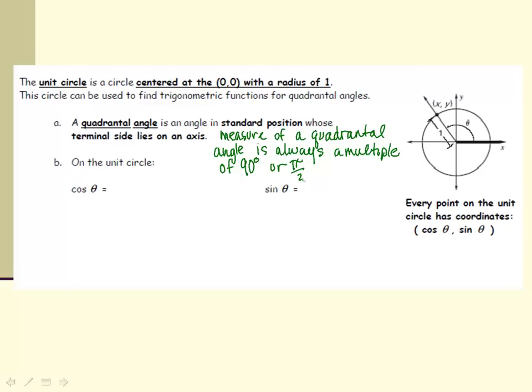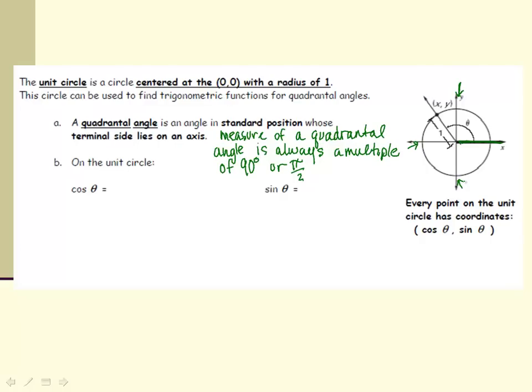What this is saying is that it's in standard position. So one side is always right here, and then the other side always ends either here, or here, or here. So it's in standard position. That would be a quadrantal angle.